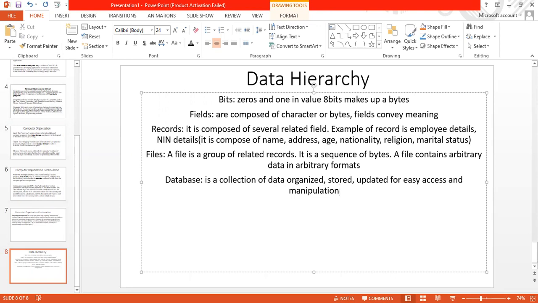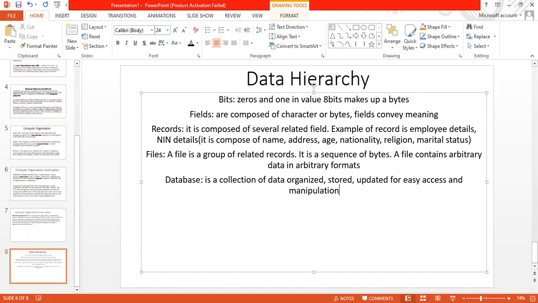So a database is a collection of data organized, stored, and updated for easy access and for manipulation. It is very, very important that we note all this.